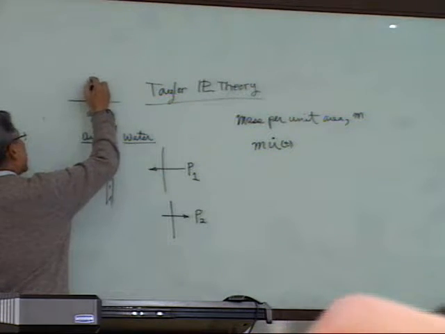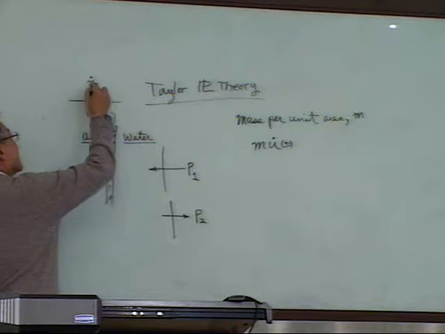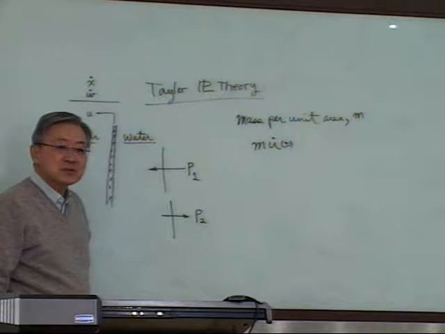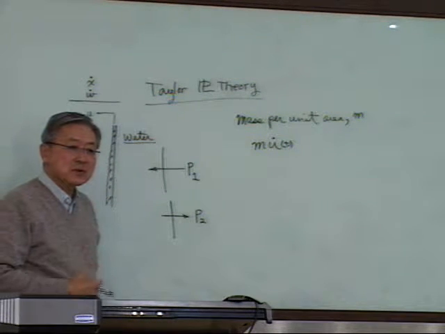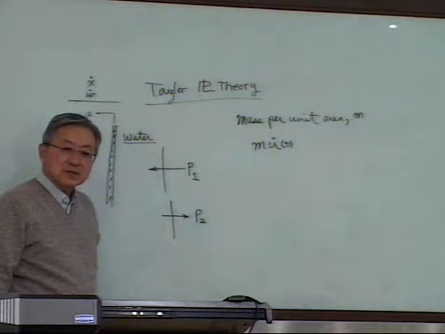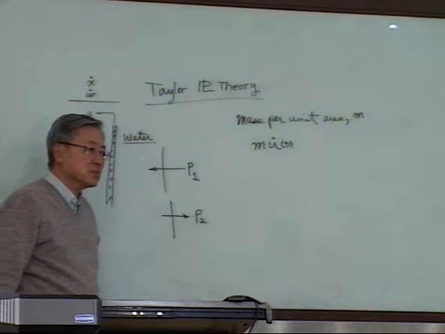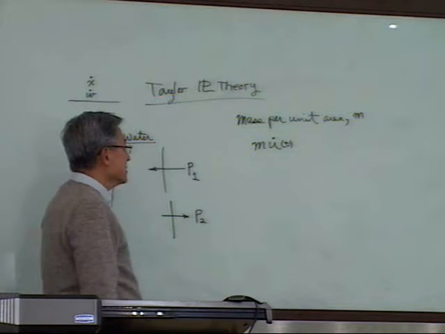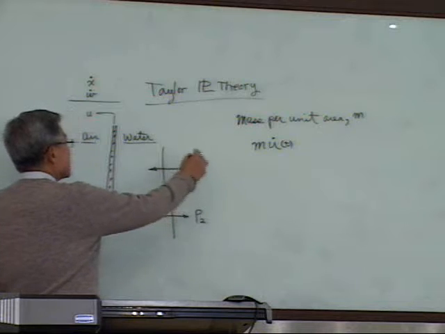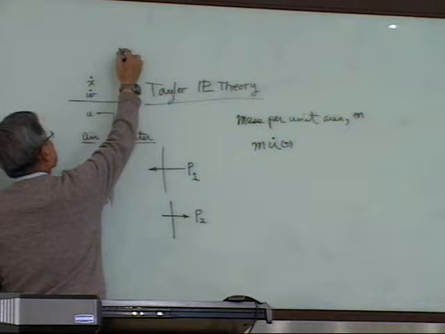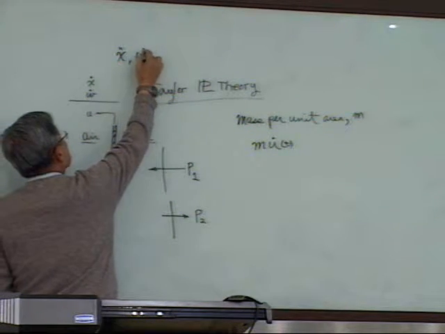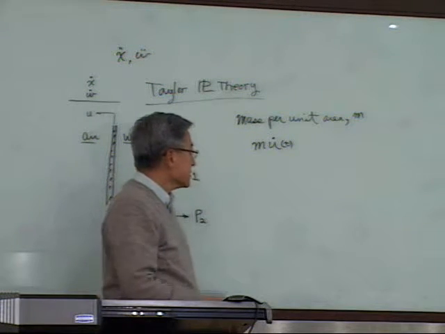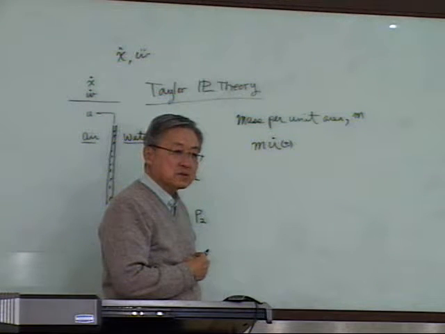Some people use X dot, depending on whatever location you use. In a vibration course, X is usually used as a displacement, dot velocity, double dot acceleration. So U dot is equivalent to what? X double dot, or W double dot. No problem.